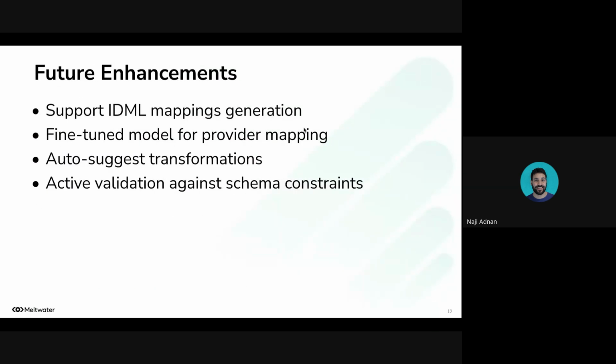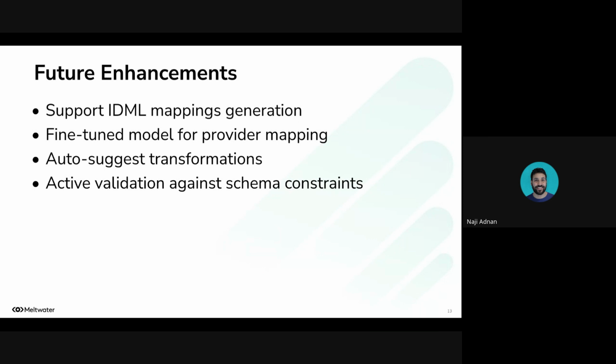Now, for future enhancement, I can imagine that we would want to have full support of IDML, like a smarter support of IDML, generating actual IDML code. Currently, it's really just basic, but we have plenty of stored IDMLs, so maybe it can extract patterns from those to suggest, to fine-tune the mapping model, make it more accurate, deterministic.